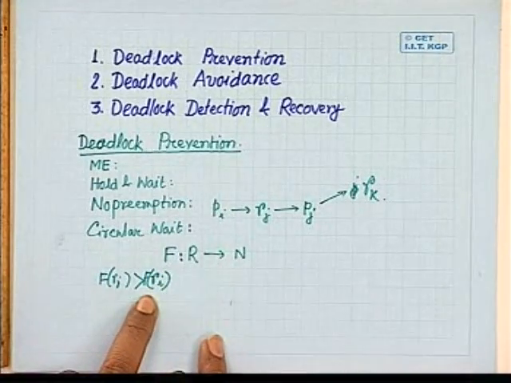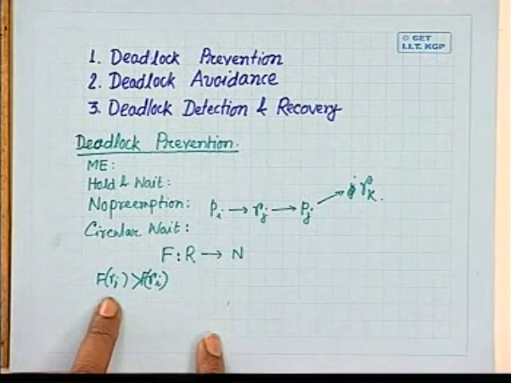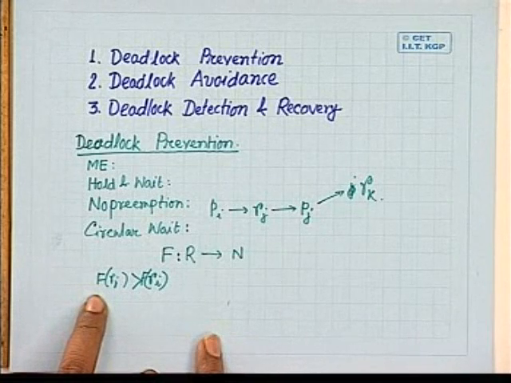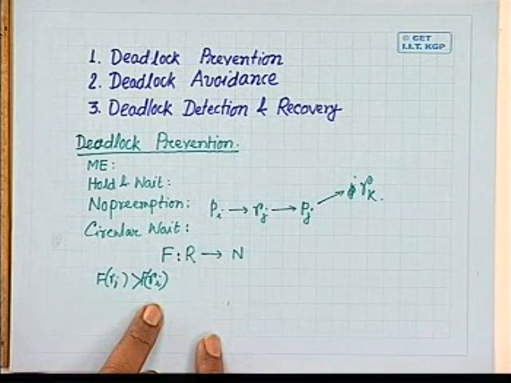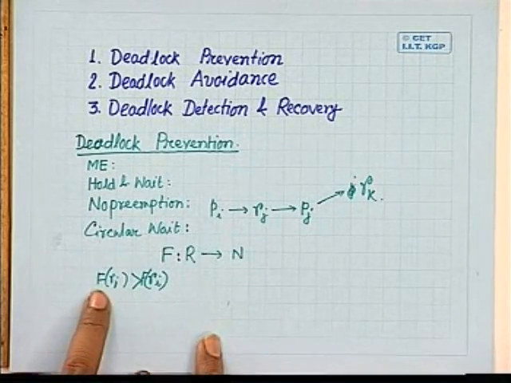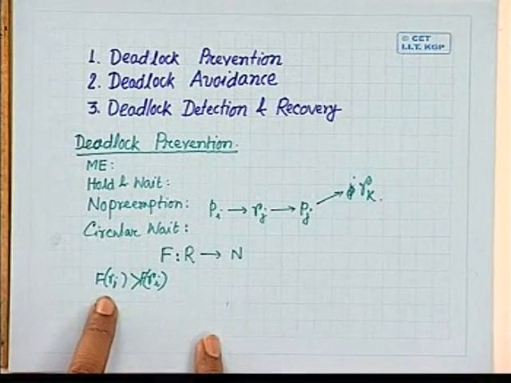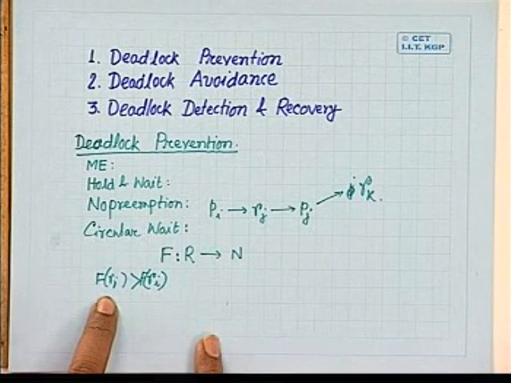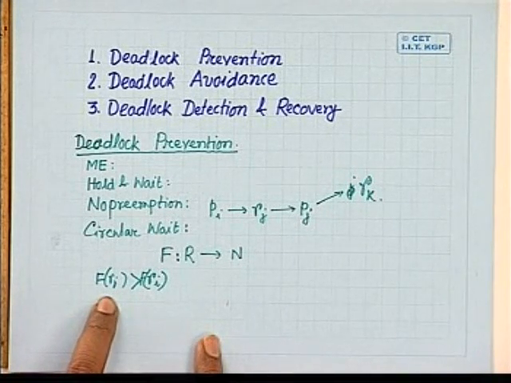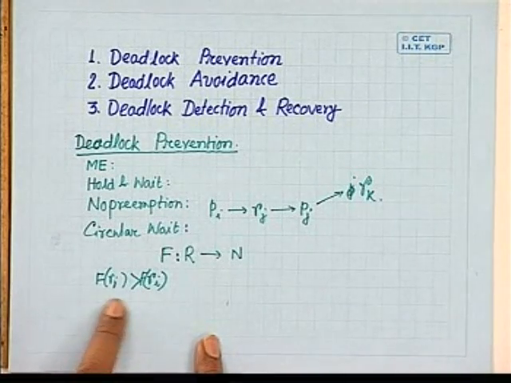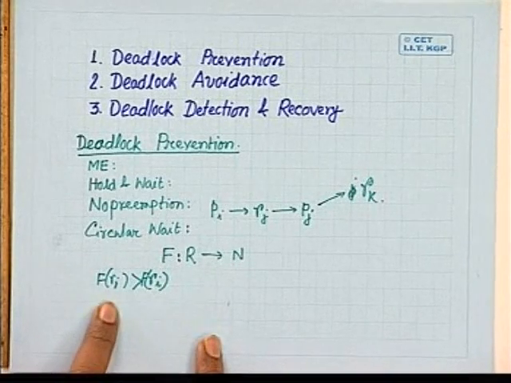So while holding resource type Ri, it can put a request for resource type Rj only when f of Rj is greater than f of Ri. If this condition is not satisfied, then the process cannot put a request for resource type Rj. For that, what it has to do is, before putting a request for resource type Rj, it has to release resource type Ri. Okay. For this, the condition must be true.